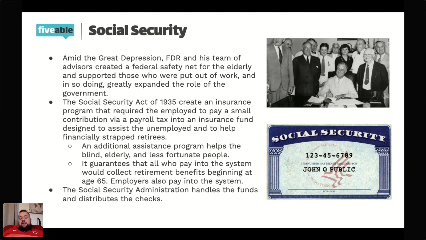Now, the Social Security Act did two other things that are important to mention. It added an additional assistance program to help the blind, the elderly, and less fortunate people. I'll give you a good example. My school has a special education population for people that have severe and profound disabilities.